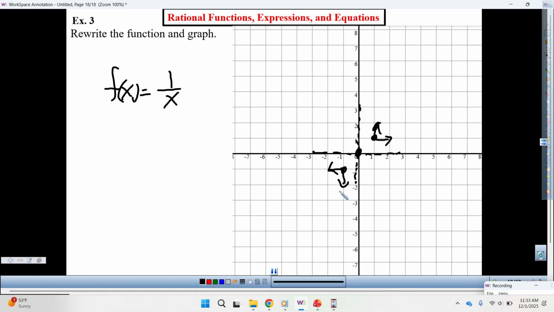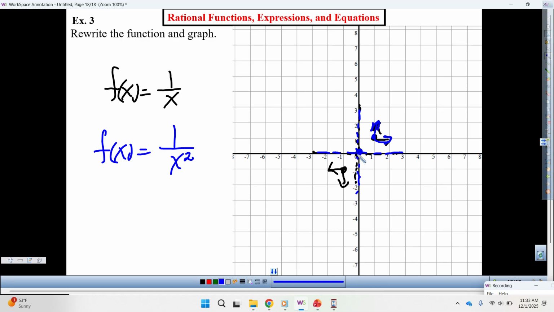No. I'm going to use now blue for this next parent function. 1 over x squared. How do we graph that without any table? Well, at 0, 0. However, 1 up, 1 to the right.